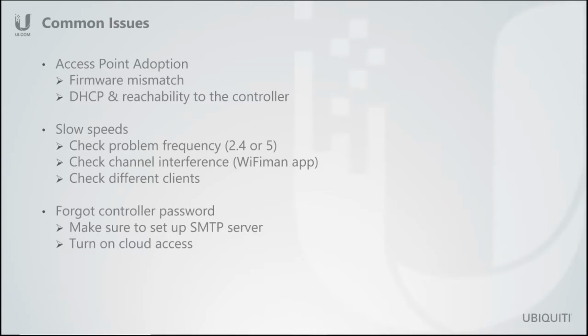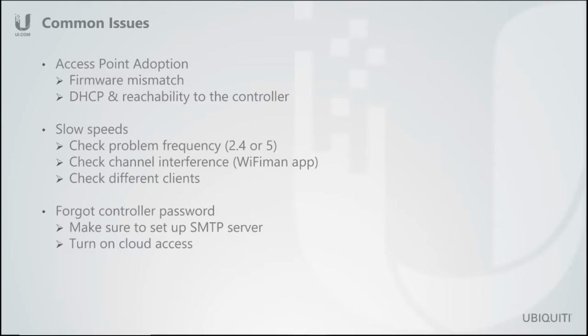So let's say the clients on 2.4 gigahertz have very low speeds. We need to understand that 2.4 gigahertz already has lesser speeds. However, a lot of consumer-based devices use 2.4 gigahertz, which means it gets very crowded, and there is a great possibility of interference. You need to make sure that the channel used by the 2.4 gigahertz radio is the best one.